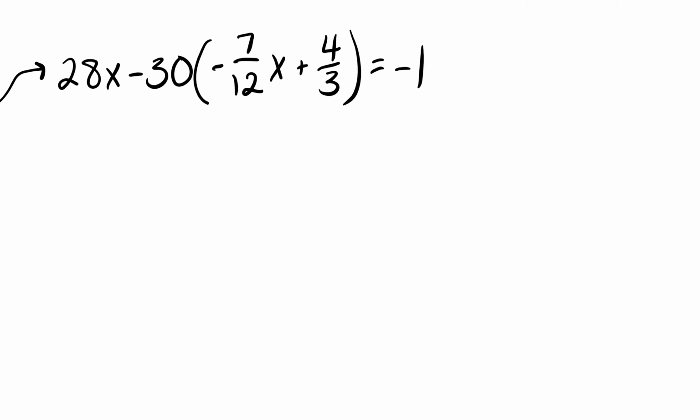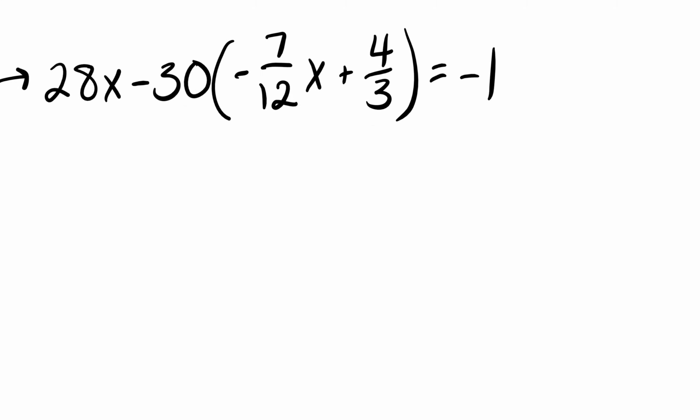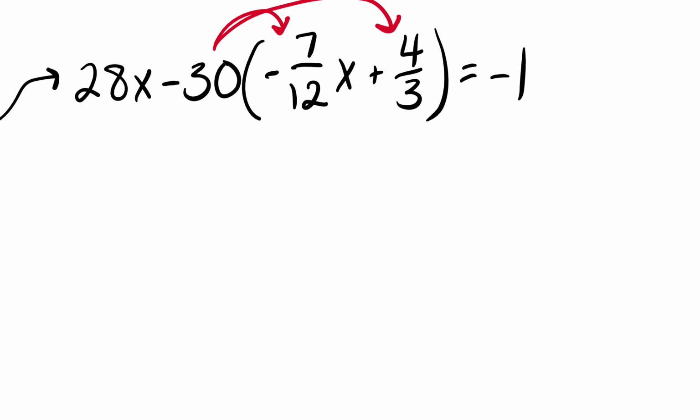Now I can solve, distribute, all that stuff, okay? So I'm trying to get x. So the first thing I have to do is distribute this -30 to both of these fractions. And you're probably thinking, fractions, why? Well, don't worry. It'll be all okay.